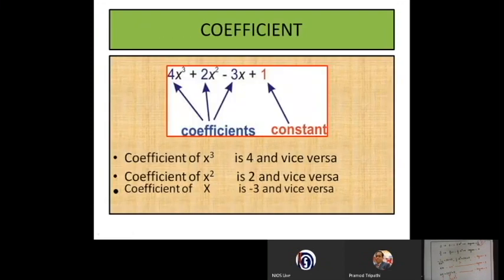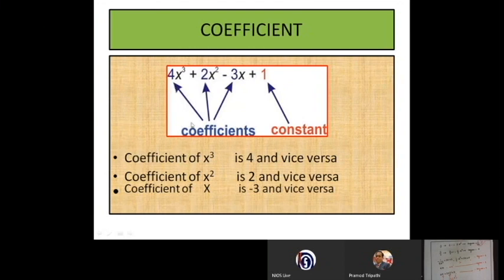Now we go to the coefficient again. 4x cube plus 2x square minus 3x plus 1. There are four terms. The coefficients are 4, 2, minus 3, and 1 is the constant here. The coefficient means the numbers which are multiplied by the variables.